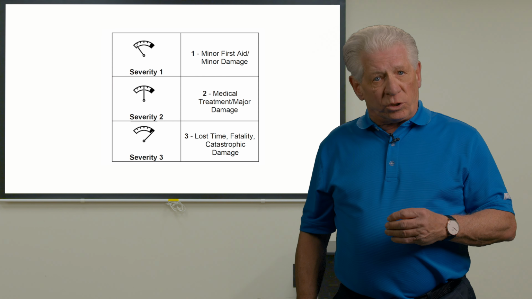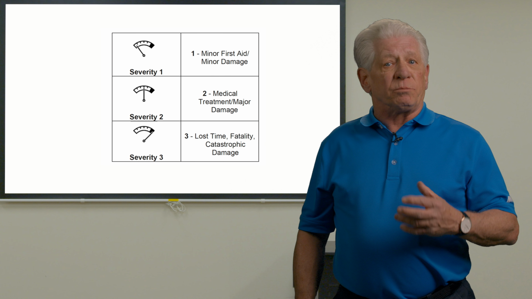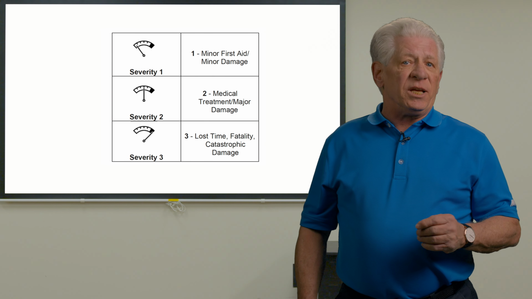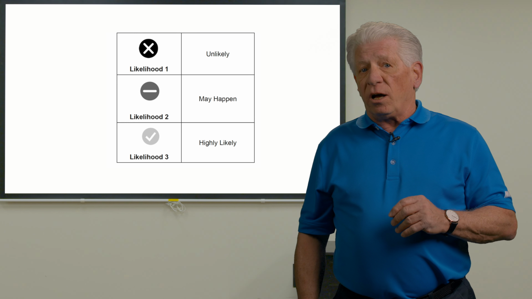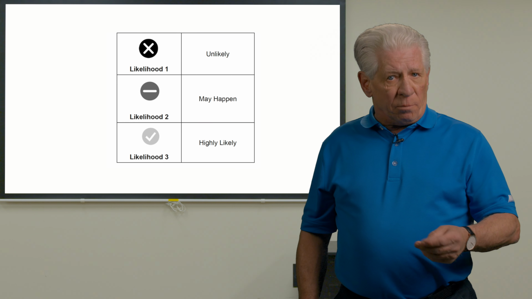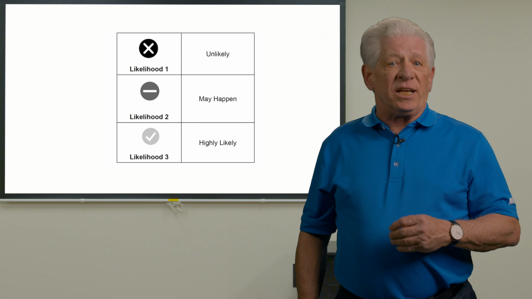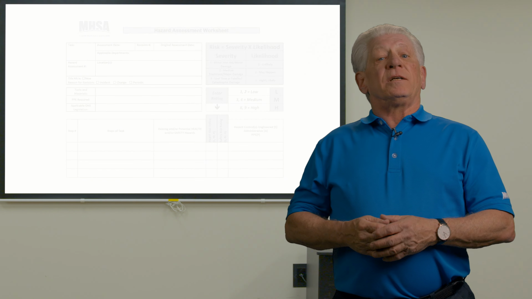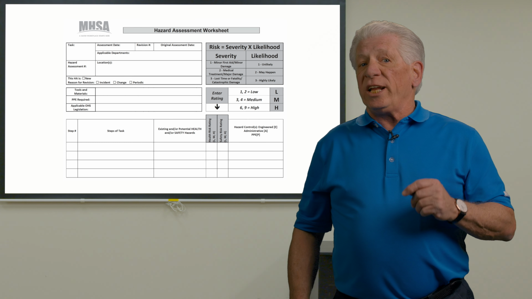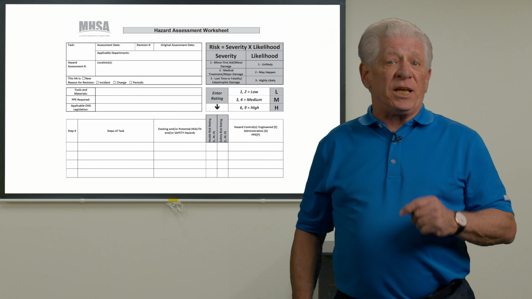A common approach to the risk matrix includes both the severity, with a 1 being minor and a 3 being major, and the likelihood of the event occurring, with 1 being unlikely and 3 being highly likely. A proper risk rating system must use at least 2 risk rating factors, ranking the highest risk to the lowest risk. The last column is used to record any hazard control measures that must be implemented.